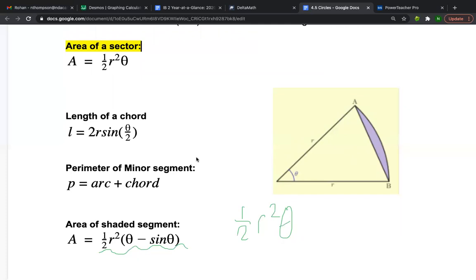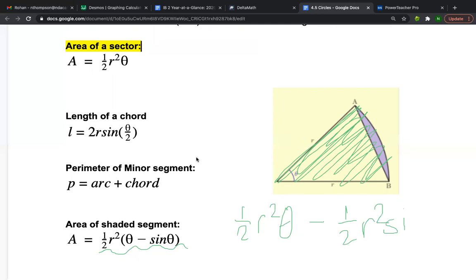So that is the whole pizza. And then you have minus 1/2 r squared sine theta. 1/2 r squared sine theta, if you remember from the last section we did, is the area of a triangle. So that's here, just this triangle. If we do green minus blue, that's what gives us purple. So that's where this formula comes from. Again, not a formula on the formula sheet. It's something you can work through, but if you have it memorized, it's not the worst thing in the world.